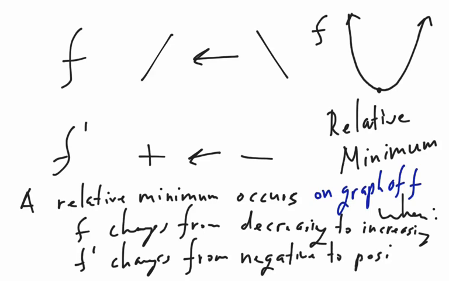So it does matter the order. You do need to look at which way f prime is changing if you have a graph of f prime, but we'll look at some examples.